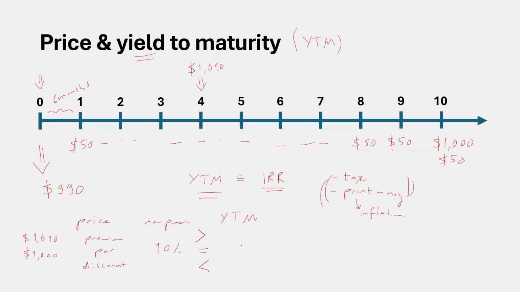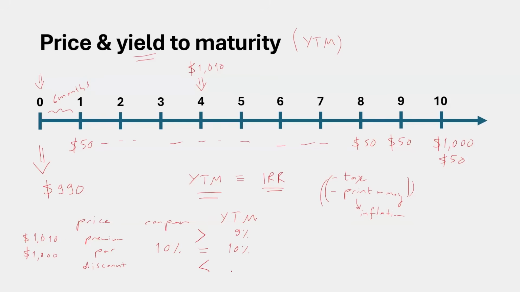In this scenario, if the yield is also 10%, right, the bond price is at par, but you can also think of the yield as a discount rate. For example, if the yield is 9%, this means that I'm discounting the bond cash flows slightly lower than its coupon rate, in which case the bond will trade at a premium.